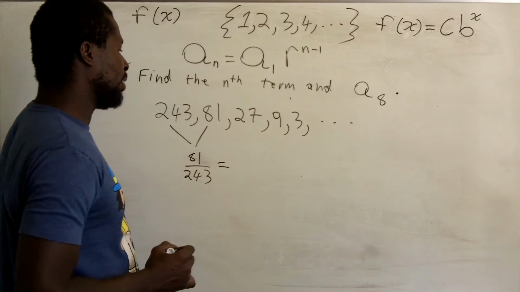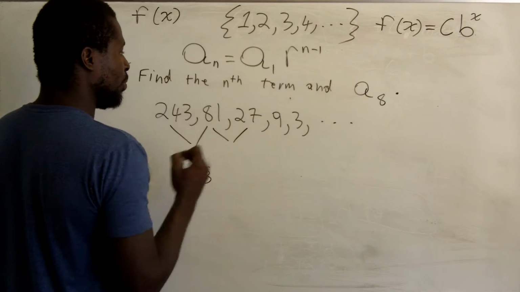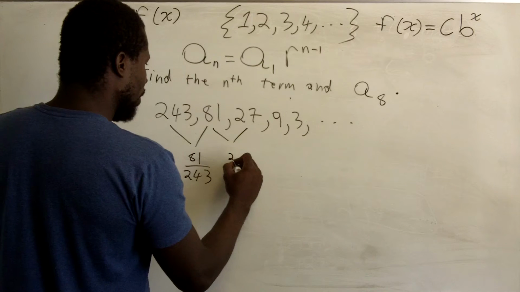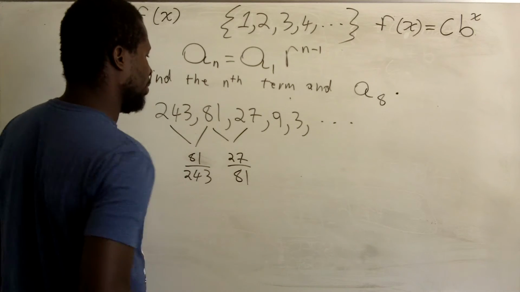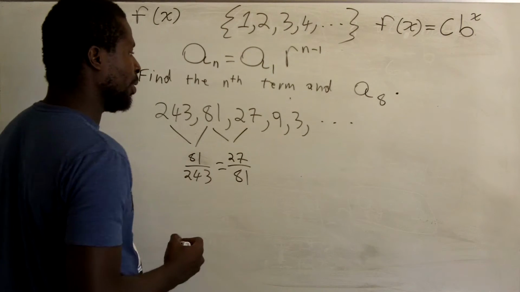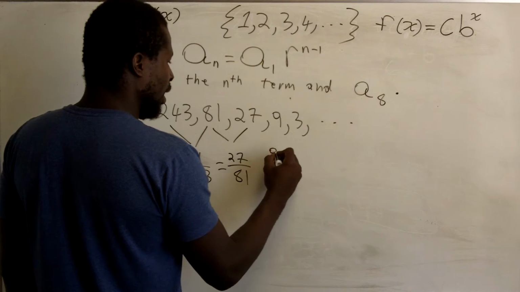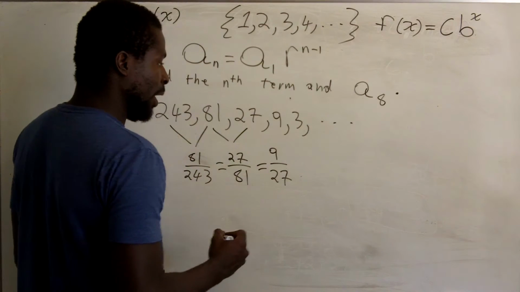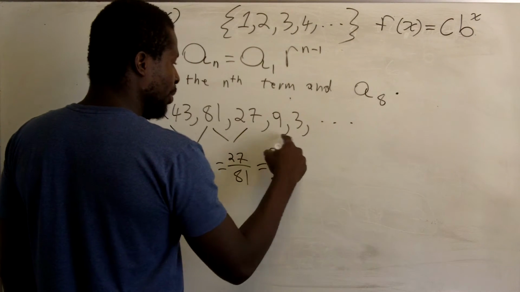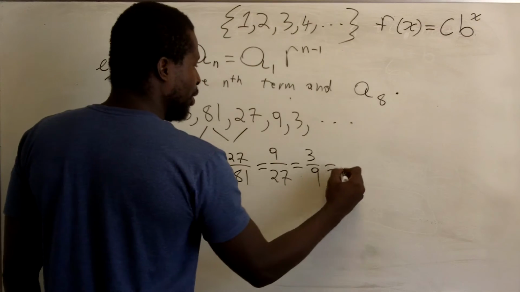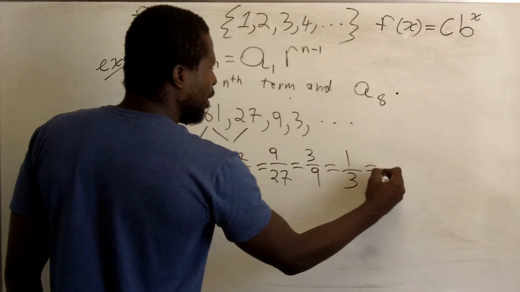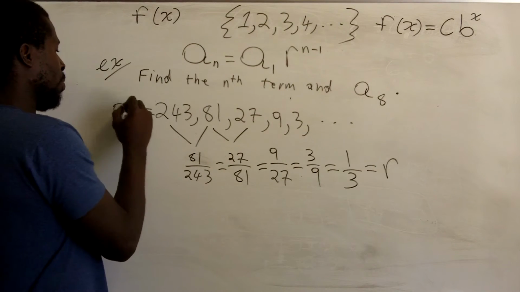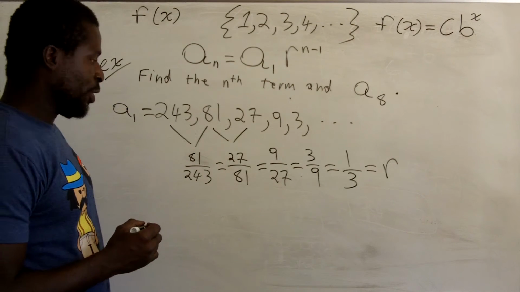Then 27 over 81 is also 1/3. Then 9 over 27 is also 1/3, and 3 over 9 is also 1/3. Every single one of these is equal to 1/3. That's the common ratio. And we also have the first term, a1, equal to 243.